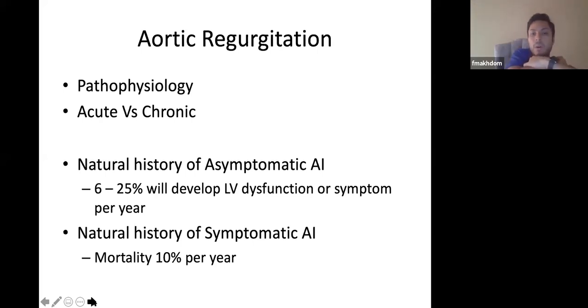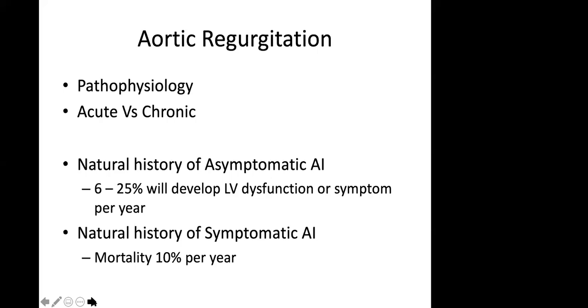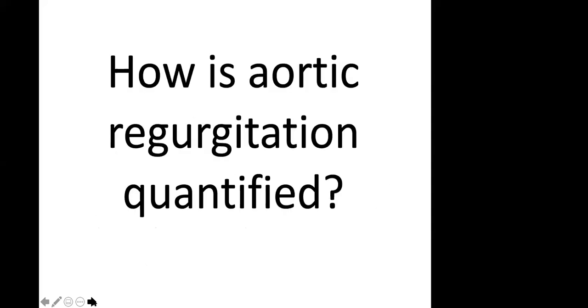About AI, we also need to know the guideline for AI. We're not going to go into more detail about it. I think Dr. Mazen has mentioned enough. Class 1 is a symptomatic patient, or a patient going for other cardiac surgery, and low ejection fraction.